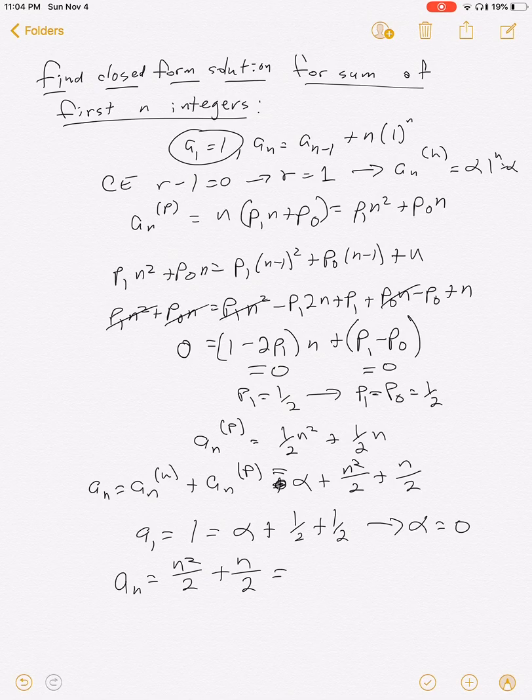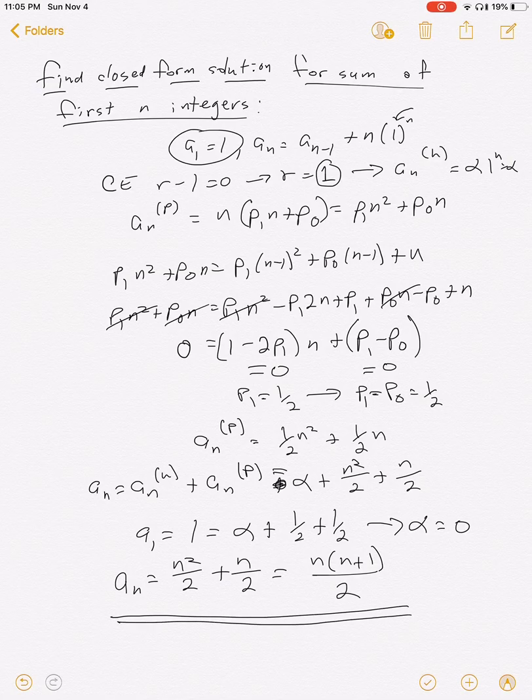And that might be more familiar in the form of n times (n plus 1) over 2. And by being careful about watching for the root of 1 and this implied 1 in my non-homogeneous portion, we're able to derive the well-known expression for the sum of the first n positive integers.